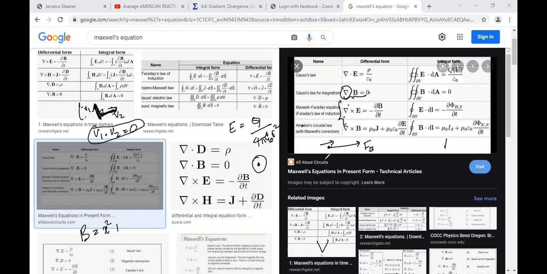A charge that is at rest will not have a magnetic field associated with it. So it has to be in motion. If you have a charge that is in motion, then it will have a magnetic field associated with it. A charge at rest only has an electric field associated with it and no magnetic field.